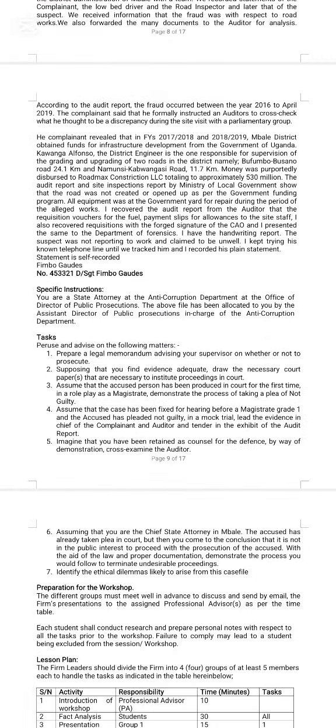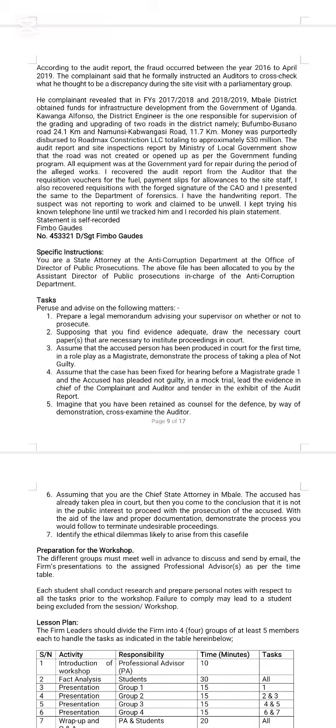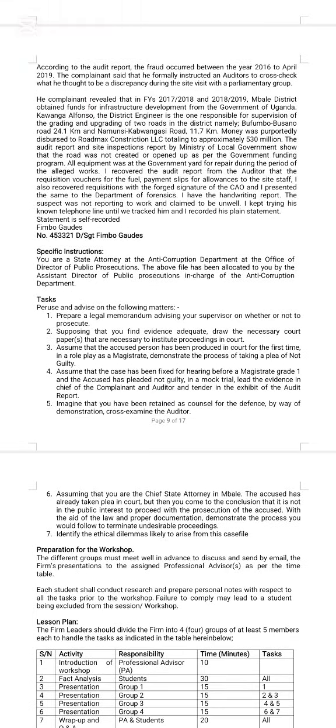According to the audit report, the fraud occurred between the year 2016 to April 2019. The complainant said that he formally instructed an auditor to cross-check what he suspected to be a discrepancy during the site visit. Complainant revealed that in the financial year 2017-19, Mbare district obtained funds for infrastructure development from the government of Uganda.